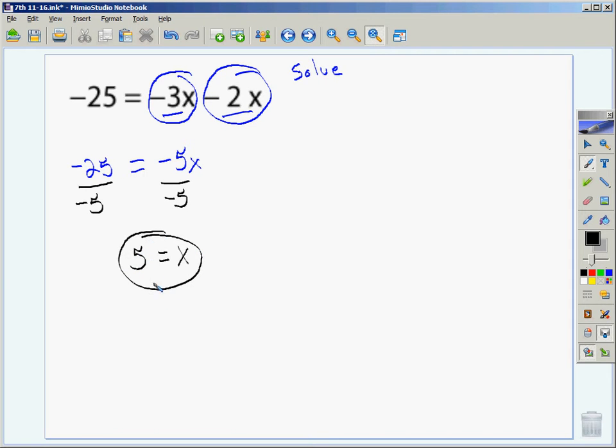X equals 5. I'm going to do 4 examples. Obviously, I'm doing 4 examples because some of them are a little different, right? Is everybody okay with the first one? Pretty good?